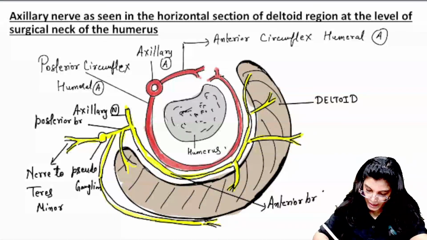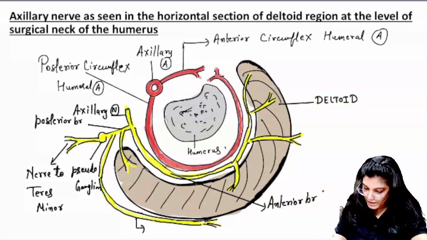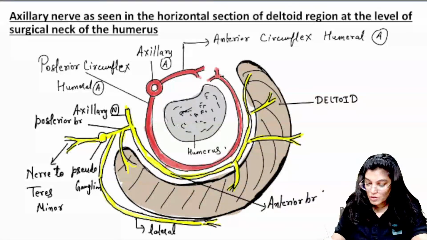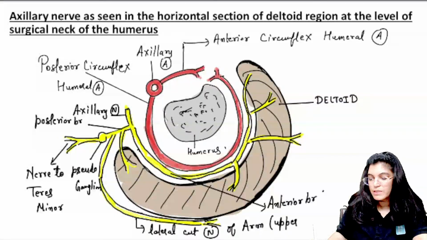This is exactly giving branch to deltoid. This will be the lateral cutaneous nerve of arm. Which one? Upper lateral cutaneous nerve of arm.